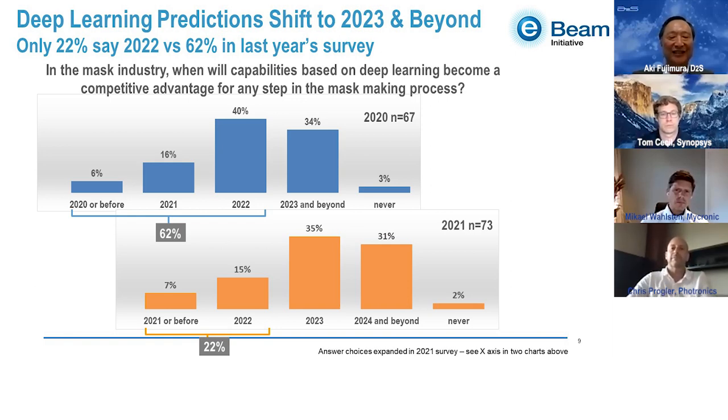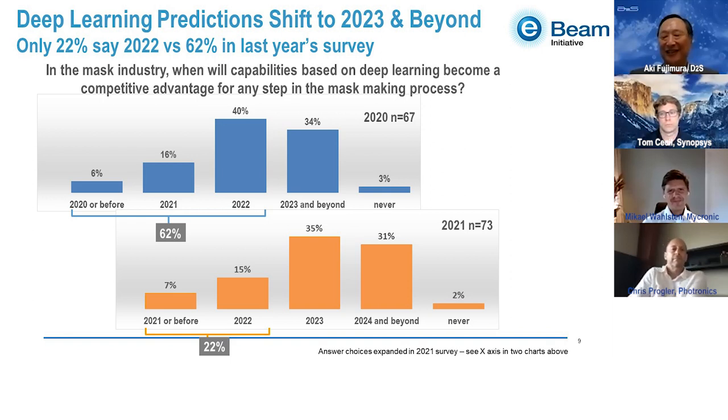It's an interesting subject. Unlike the EUV pellicle question where 2023 didn't move from year to year, this one is clearly shifting to the right? Which basically says, well, it's going to happen, but 2 or 3 years from now, and it's sliding every year. What do you think is happening here?